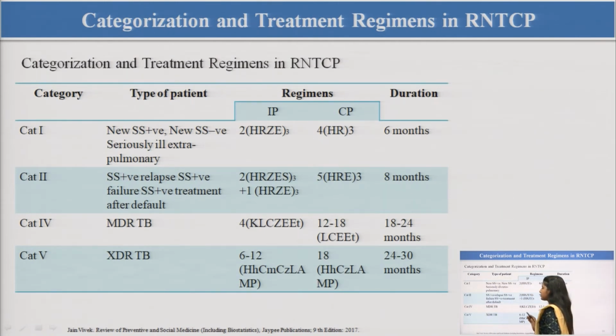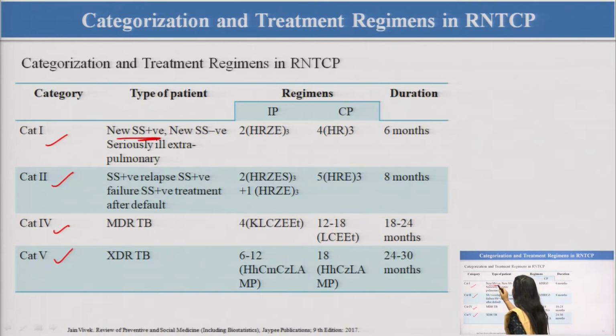Now, the categories which I have discussed before: category 1, category 2, category 4 and category 5 patients. In category 1, there are new patients, new sputum positive patients or new sputum negative patients who are seriously ill extrapulmonary.